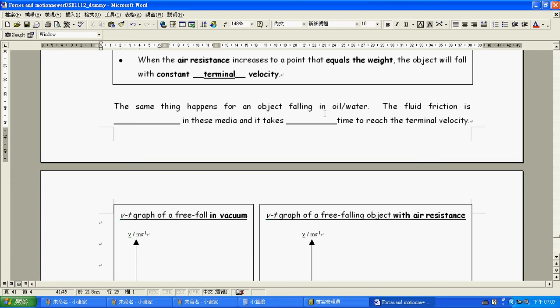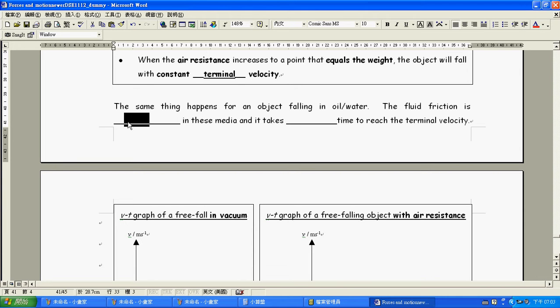So in the last video, we were here, saying that when the air resistance increases to a point that equals the weight, the object will fall with constant uniform velocity. Now the same thing happens when an object falls in oil or water, but the difference is that the fluid friction in this medium is larger.